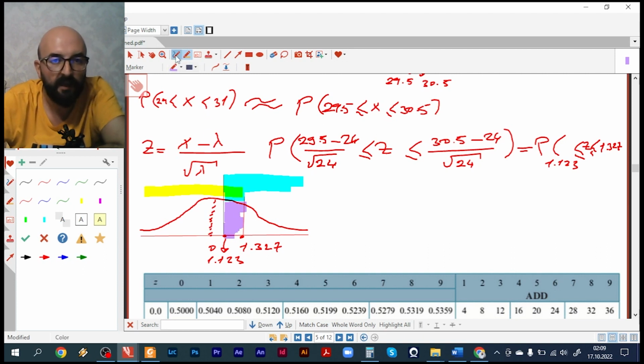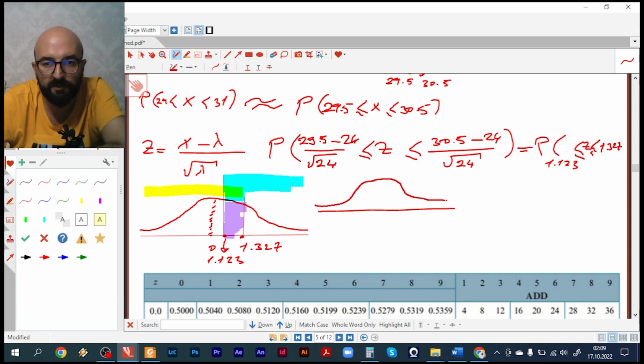Okay, as you remember, when you use the normal distribution and look at the phi of 1.327, you can find the big area value.